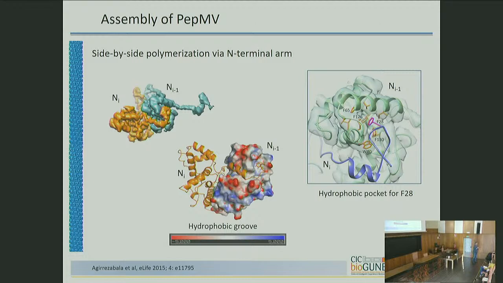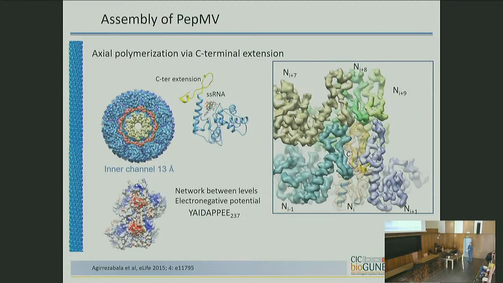This is the reason for polymerization in one turn. On the inner side of the virus, there is a network of very complicated interactions that implicate C-terminal domains at different levels, and they establish a huge network of interactions.